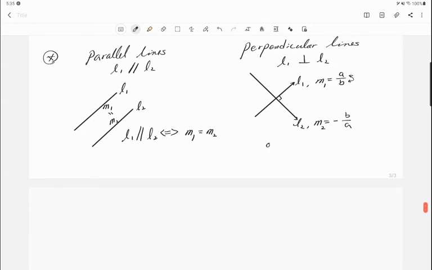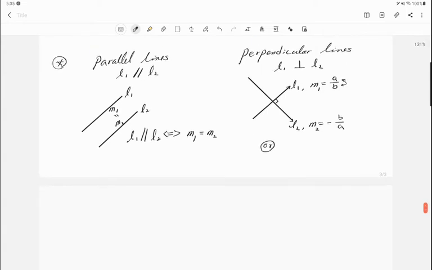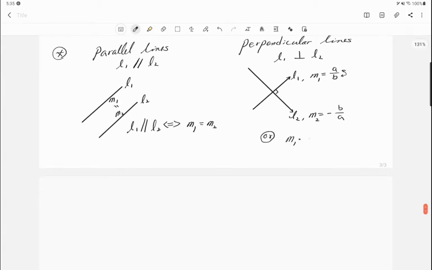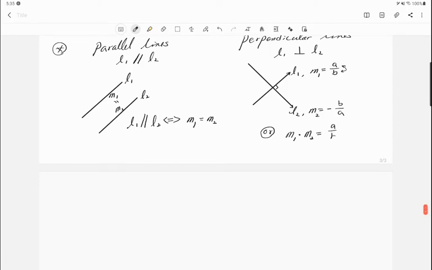Or you can also find what happens if we multiply both slopes. So slope 1 times slope 2. Then look at this. A over b is slope 1, and the second slope is negative b over a, right? Then everything cancels out, and it becomes negative 1. See it?